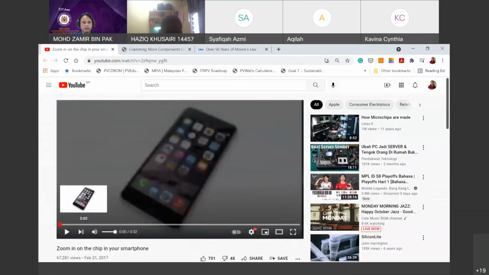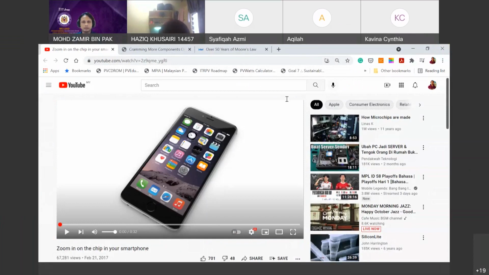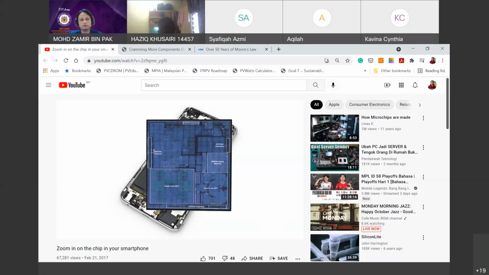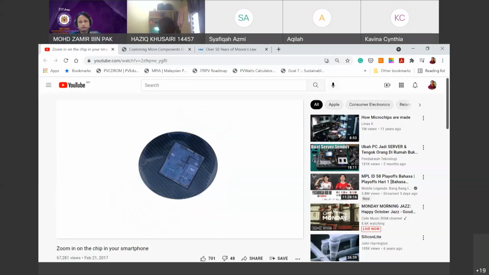Okay, so let's zoom in into this particular chip. See the very same structure that we talked about is now here. So that's the A8 chip in the iPhone. You have a range of different sub devices there.